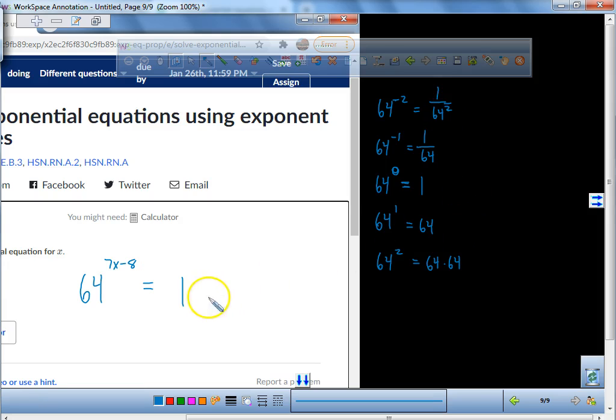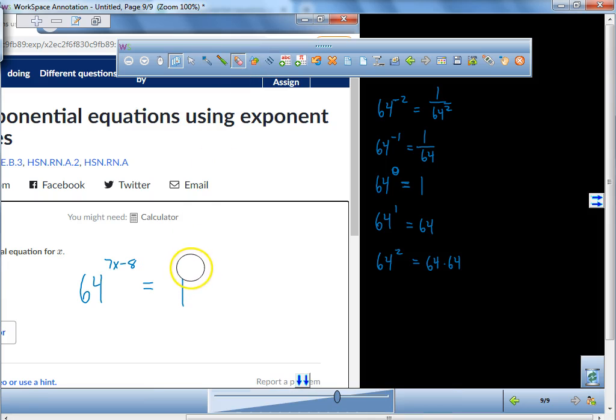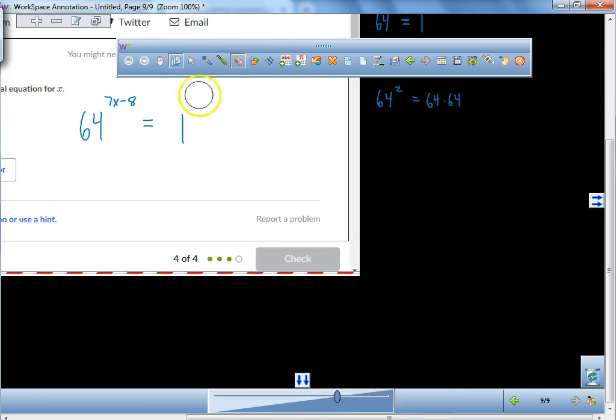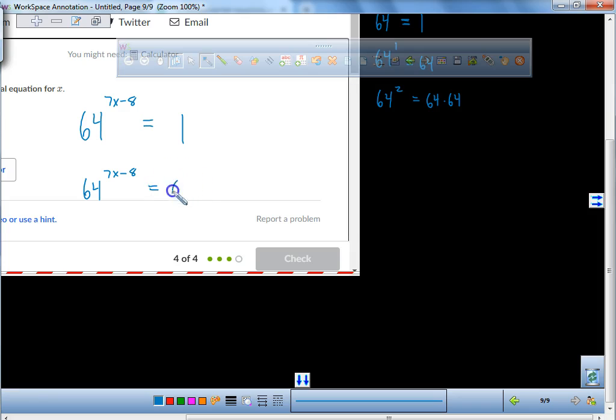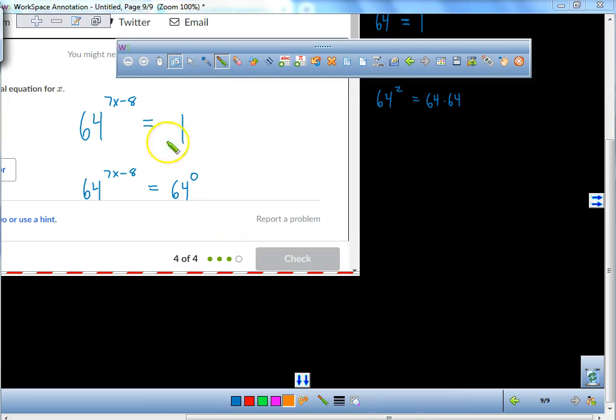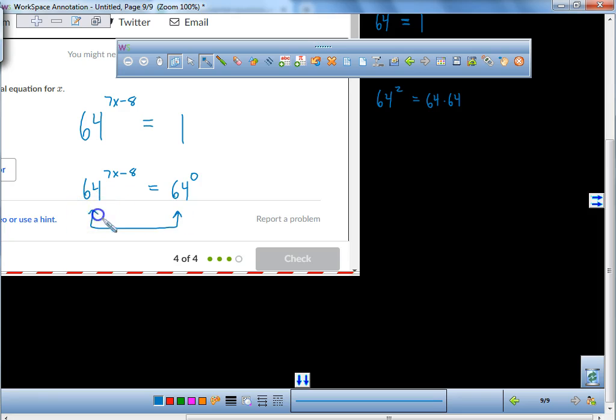All right. So right now, what I'd like you to do in your journal is change the base. Ready? Change it from a 1 and rewrite it as 64 to the power of 0. Now what do we have? We have what's called the same base.